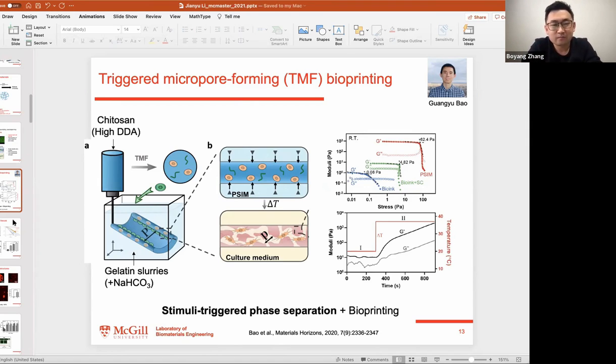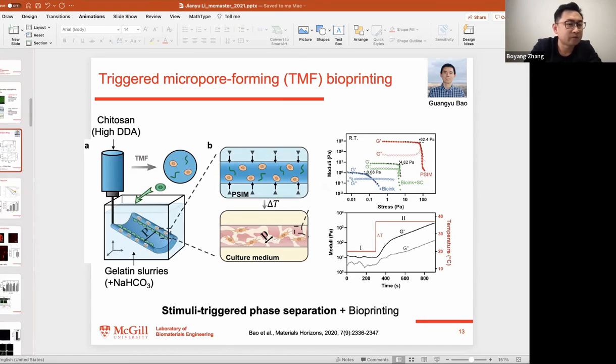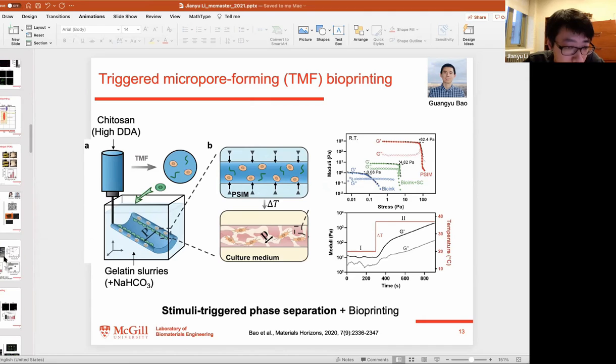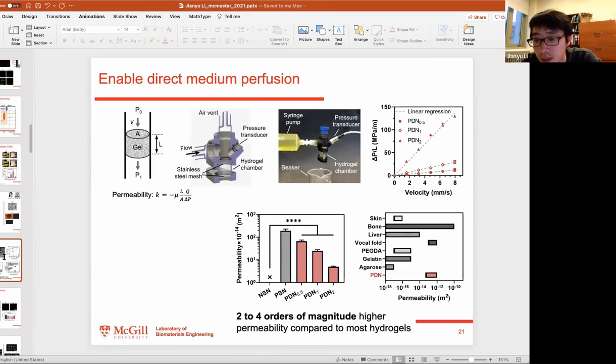So I'm wondering, you compared the porosity of this material with gelatin and a few other hydrogels. How does this compare with natural materials like collagen or fibrin? Yes, that's a great question.